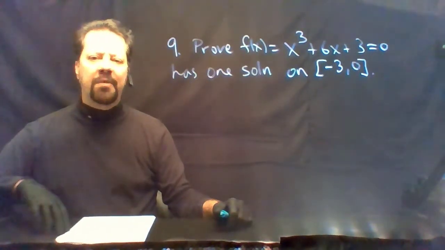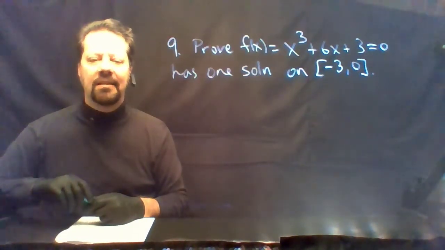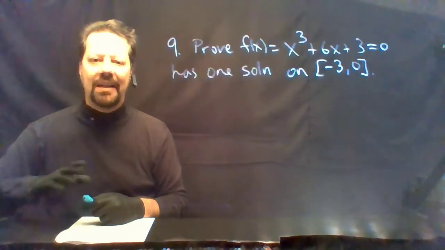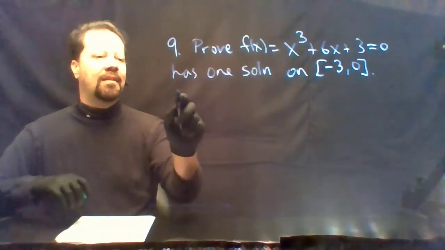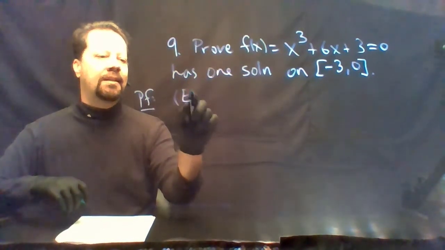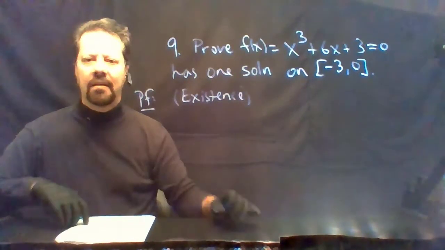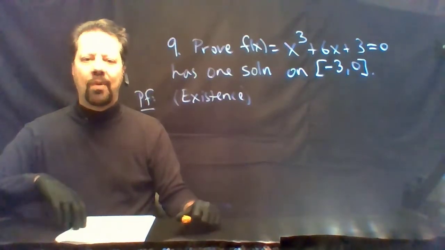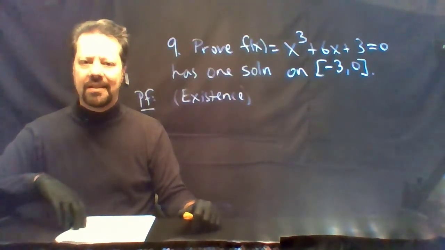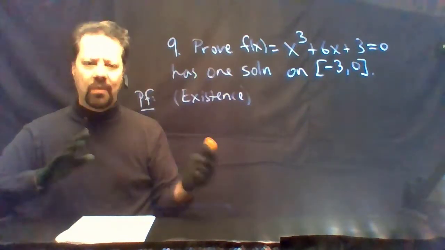You might remember from the lecture that these problems have two parts, existence and uniqueness. So in our proof, we'll first address existence. I want you to state your answers in complete sentences where possible. Something like what we're about to write.